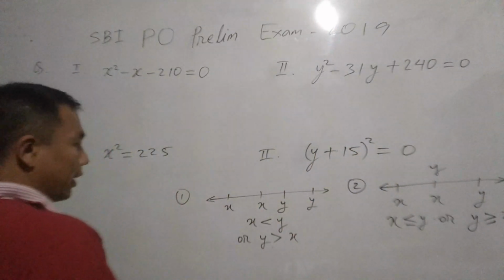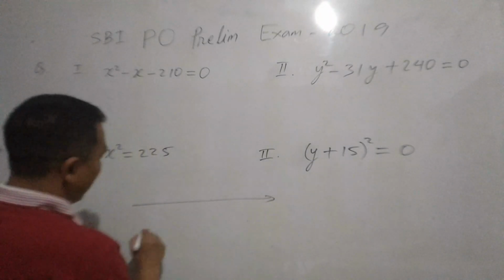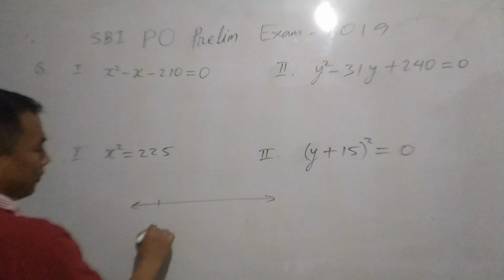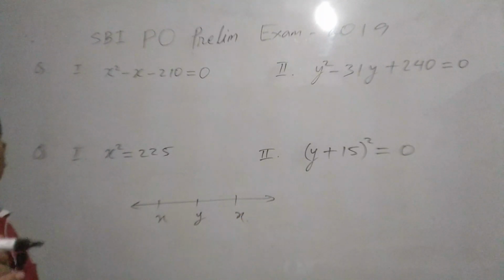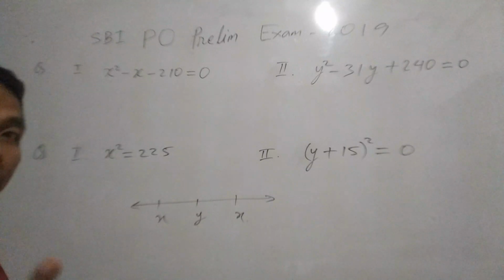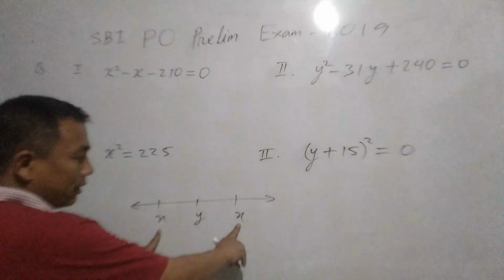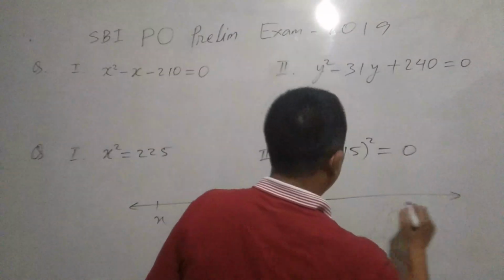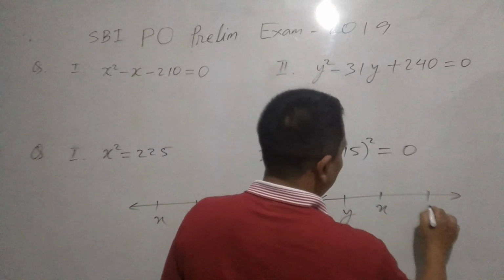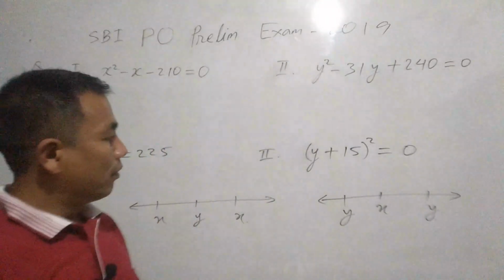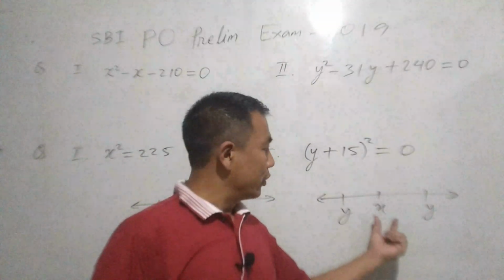The third conclusion is, on the real number line, we cannot have the value of y between the values of x, or we cannot have the value of x in between the values of y.